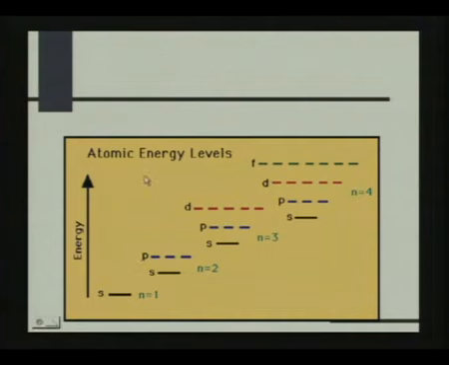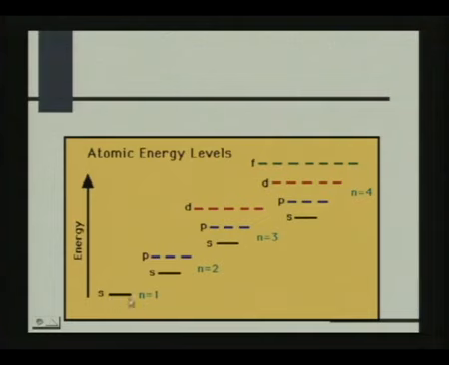Now, see, these are the atomic energy levels. For n equal to 1, we know l will be only s, 1s. N equal to 2, l will have s value and p value. N equal to 3, l will have s, p, d. N equal to 4, l will have s, p, d, f. Okay? This is because l has values 0 to n minus 1.